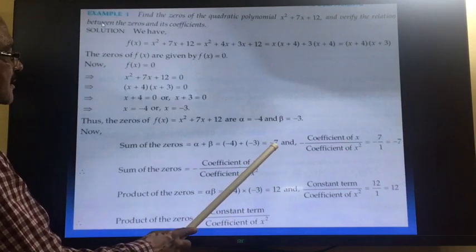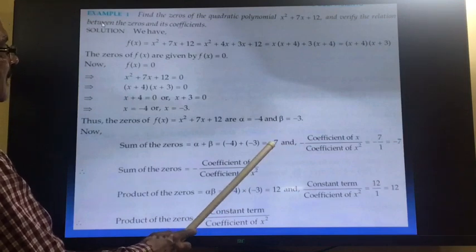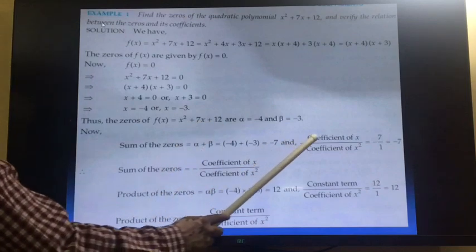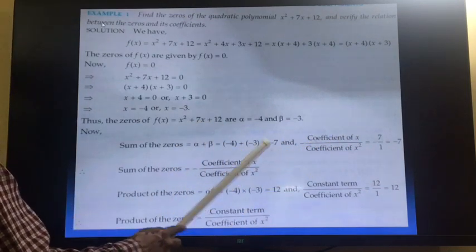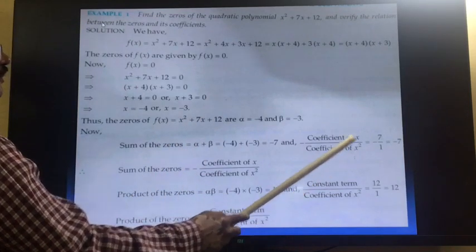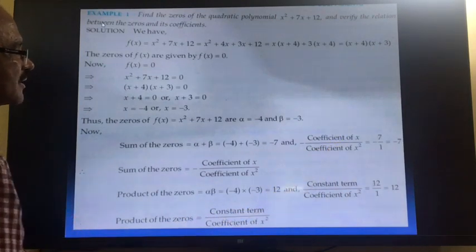Now this minus 7 we can write as minus 7 upon 1. So we can say minus sign and 7 is the coefficient of x, and 1 is the coefficient of x square. So minus 7 upon 1 is minus coefficient of x upon coefficient of x square.